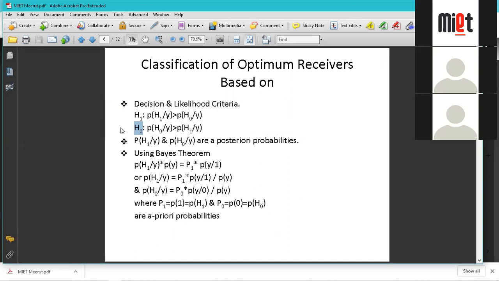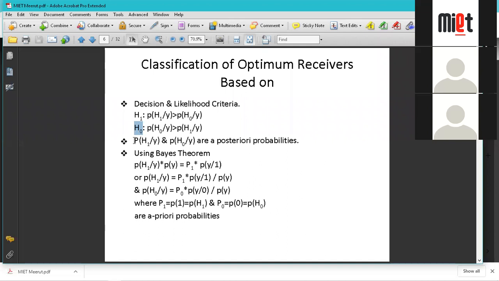This means further that we will consider the Y signal once as H naught and the second time as H1. Then we compute the probabilities and compare them.